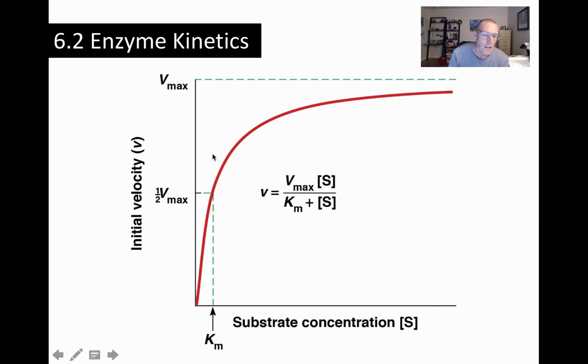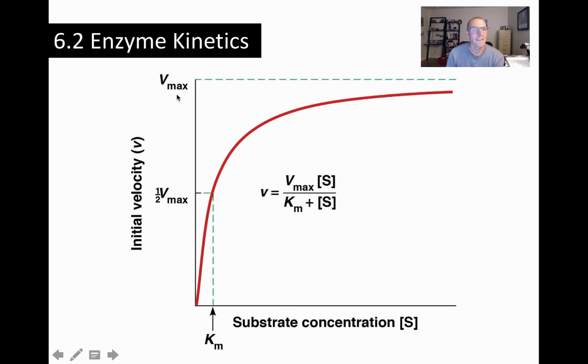But as we see the substrate concentration increasing, we start to see a slowdown in the increase of the velocity of the reaction. And if we plotted this line out, effectively to infinity, we would hit a point where the reaction cannot go any faster, and that point is called Vmax.